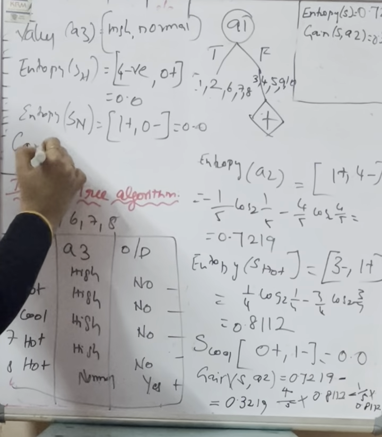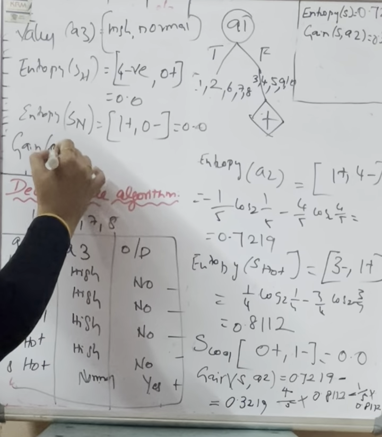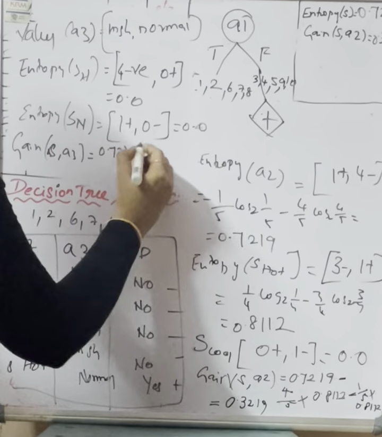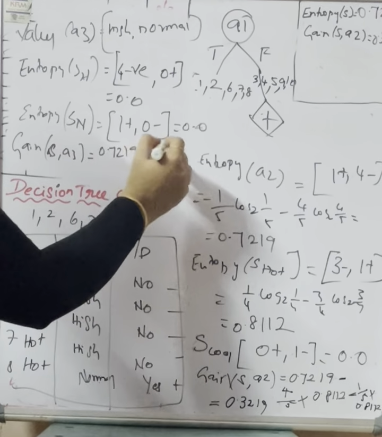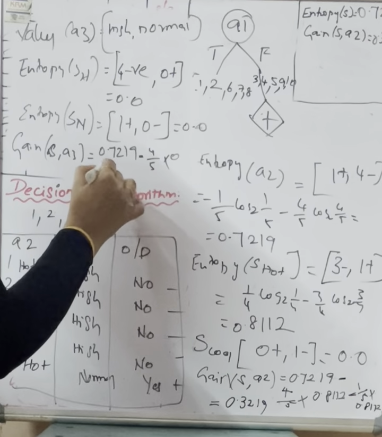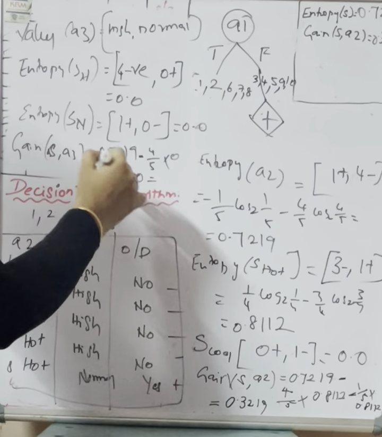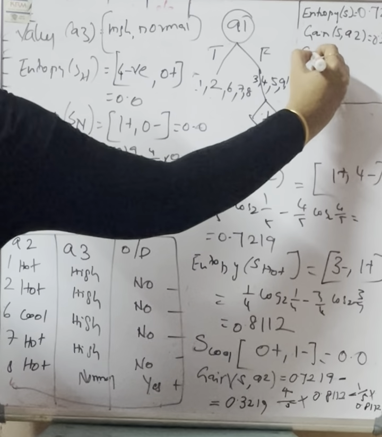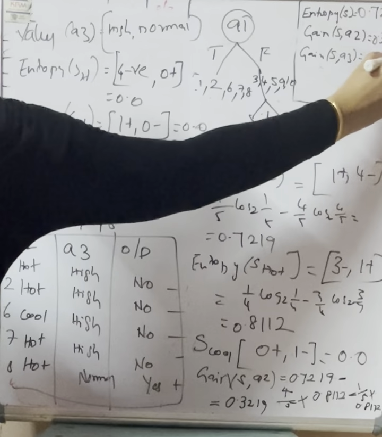The gain of S comma A3 is 0.7219, that is the whole entropy value, minus 4 divided by 5, because there are 4 high values and the high entropy is 0, minus 1 out of 5 for the normal value, whose entropy is 0.0. If I calculate this, I get 0.7219. So the gain of S comma A3 is nothing but 0.7219.